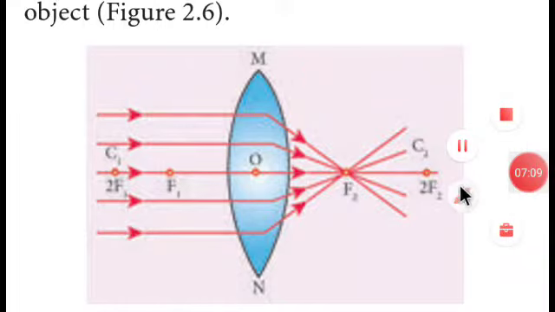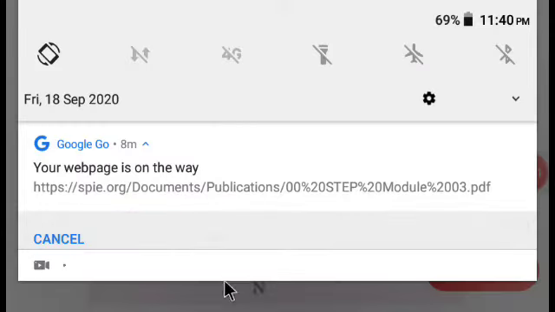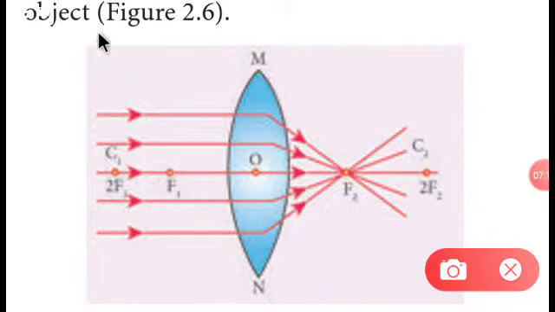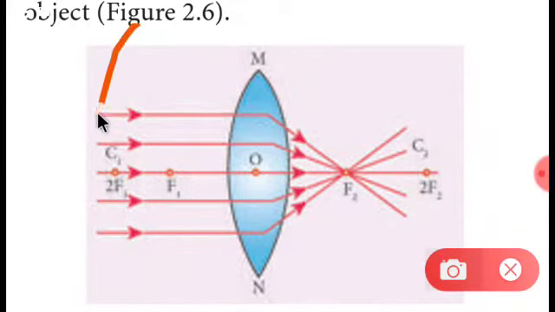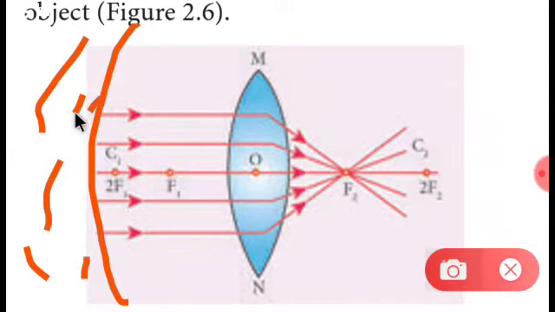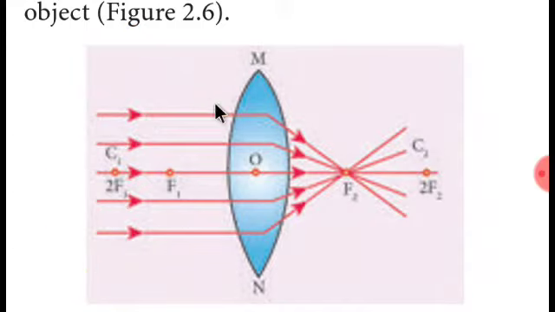What I'm saying is that if this is the size of the image, I mean the tree, and the incident rays are coming, the image will be only this much in size, but it is actually visible to our eyes, and that's what is called a smaller image. Very simple. You just need to remember the ray diagram. This is called a ray diagram, and you need to mark these things: F1, F1, F2, F2, F2.